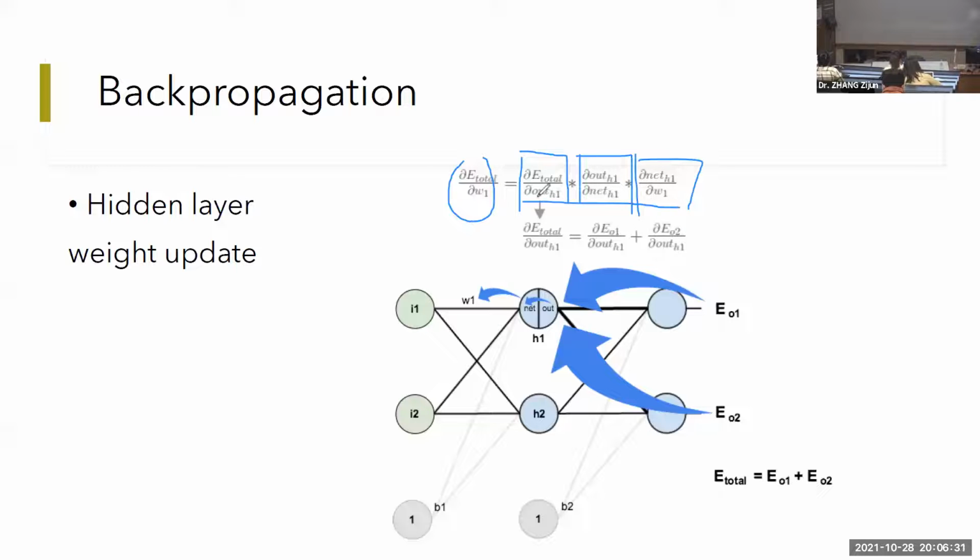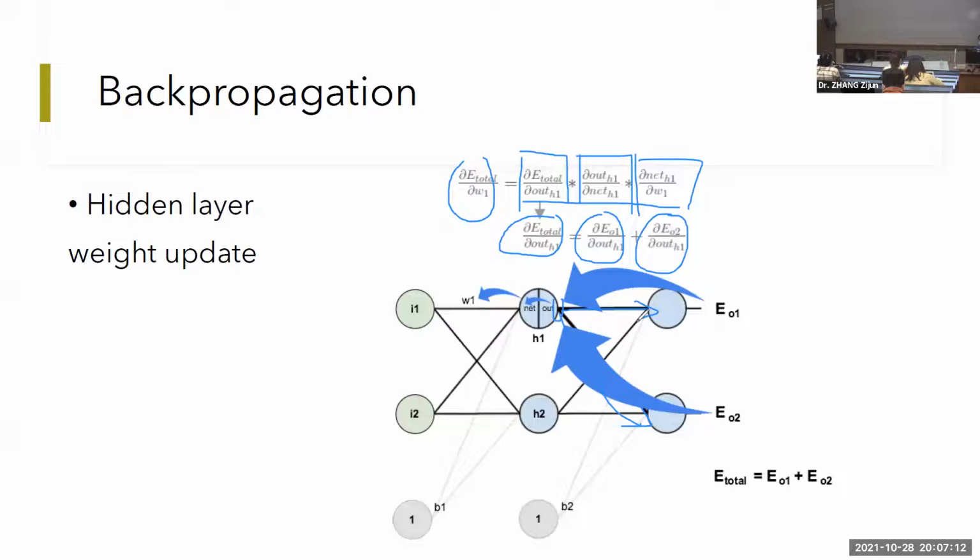So the tricky part here is if you take the derivative of the loss according to the output at hidden node 1, it actually contains 2 parts. This one is the derivative of the loss at output node 1 against the output of hidden node 1, and the loss at output node 2 against the output at hidden node 1, because the output of hidden node 1 is connecting to 2 nodes.